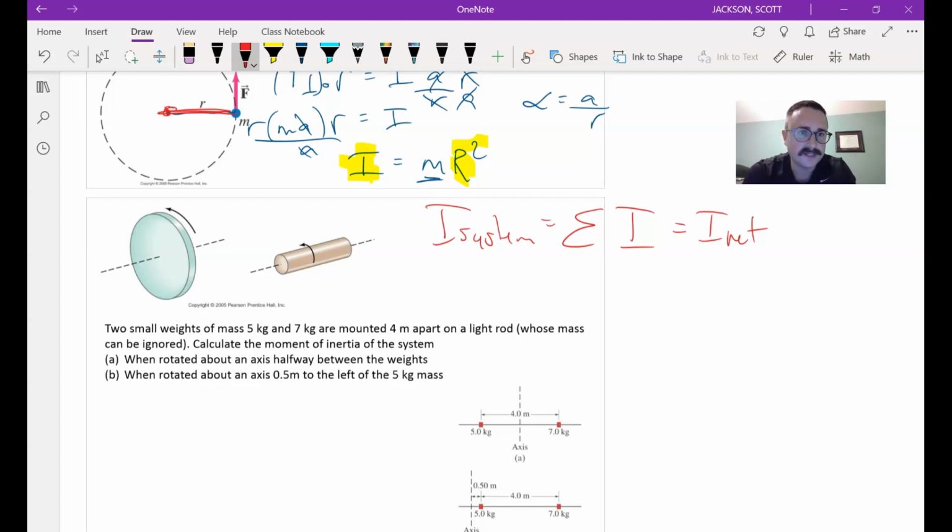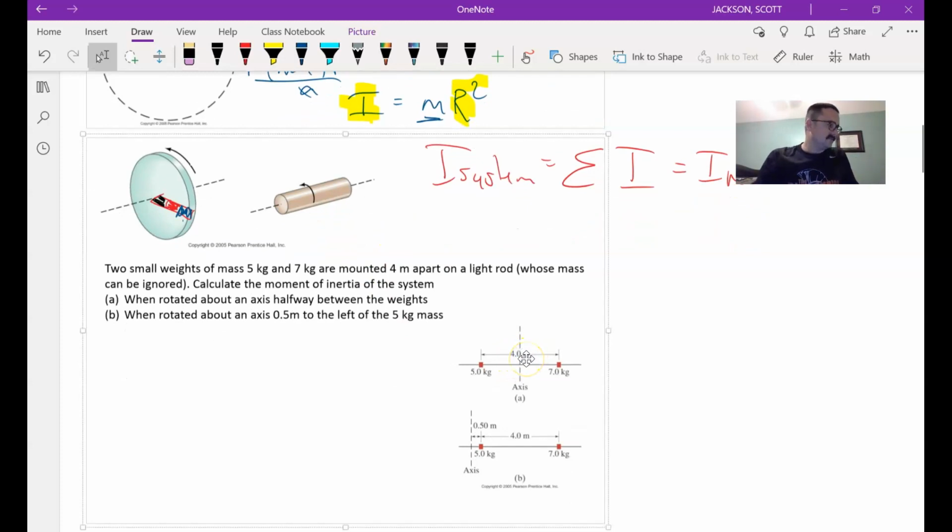Essentially, a disk is like a long string of a whole bunch of different masses. Maybe I have this little piece of mass at that distance, and then a little piece of mass a little bit closer, and this little piece of mass closer together. Then I would just continue to add it up for all of the masses. So let's look at a couple here and try and do an example.